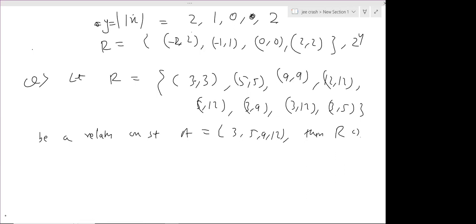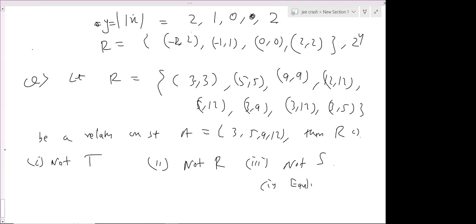reflexive, symmetric, but not transitive; not transitive, not reflexive, not symmetric; or an equivalence relation. Only if R is transitive, reflexive, and symmetric is it an equivalence relation.